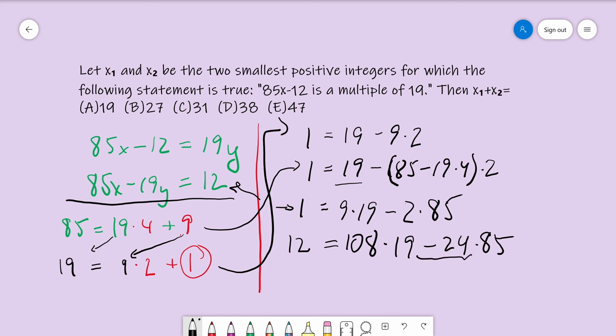But as you can see, they're asking us for the two smallest positive integers. In other words, negative 24 is not going to work because it's negative. So what do we have to do to make it positive?